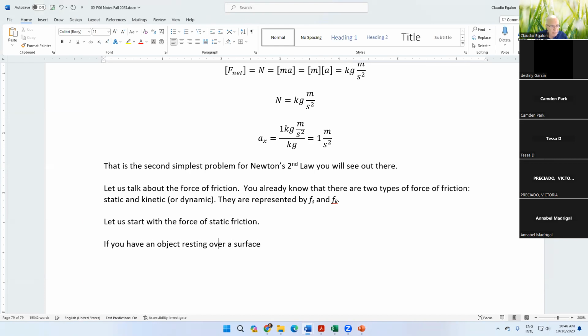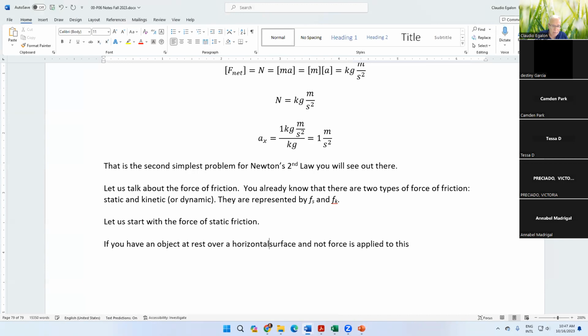If you have an object at rest over a surface, and no force is applied to this, I have an object at rest over a horizontal surface.